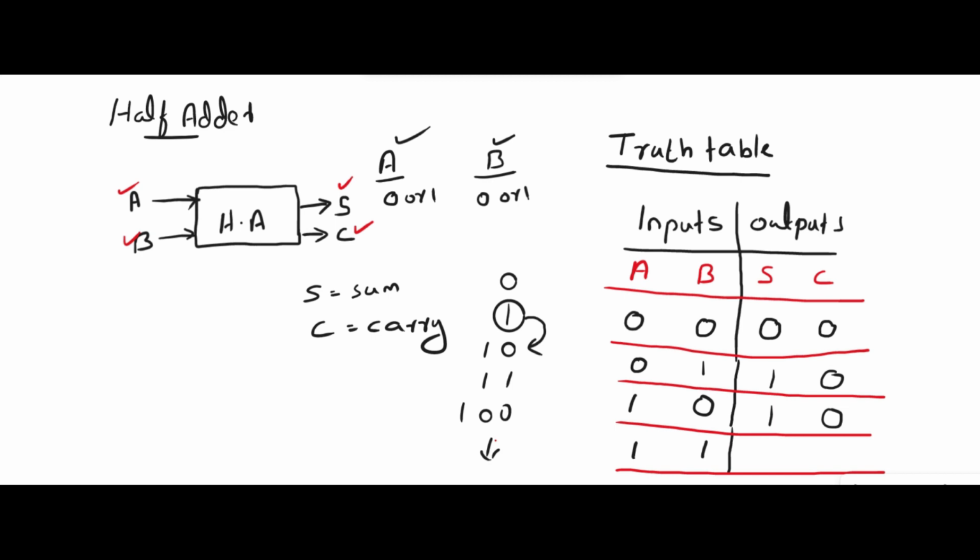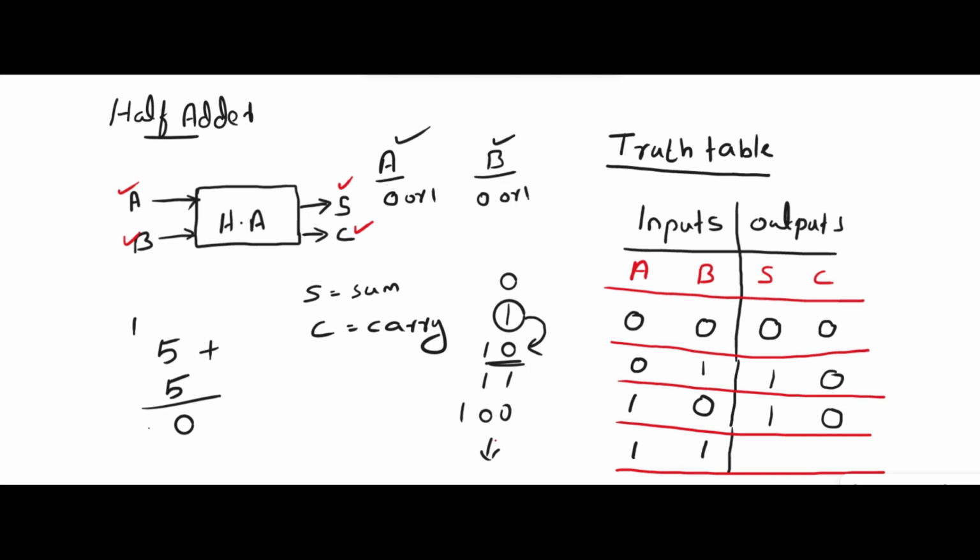But if we add 1 to 1, that is 1 plus 1, it will go to the next number, that is 1, 0. In the decimal number system, we may add 5 plus 5. What is 5 plus 5? Yeah, 10. That is sum is 0 and carry is 1.